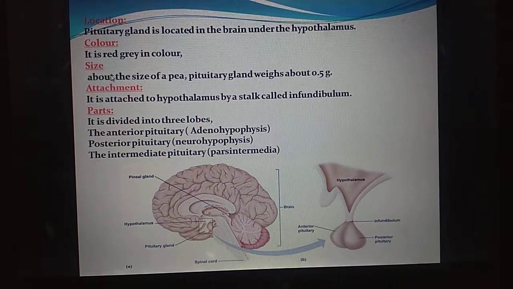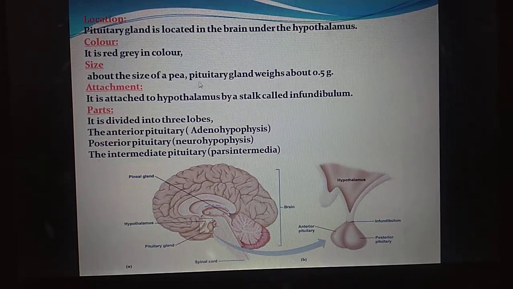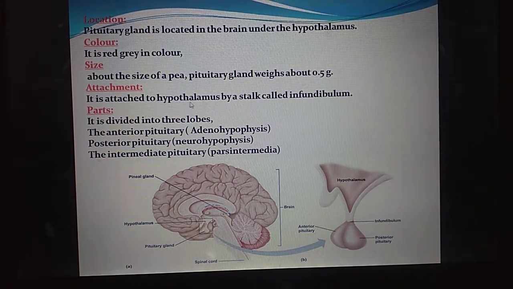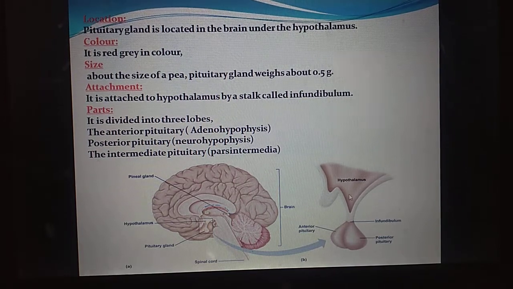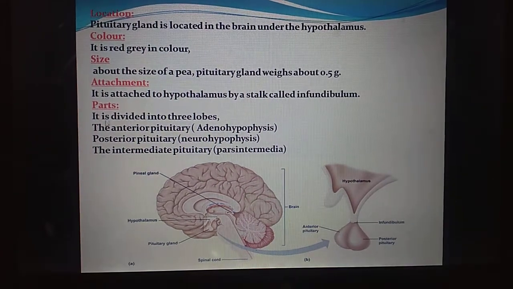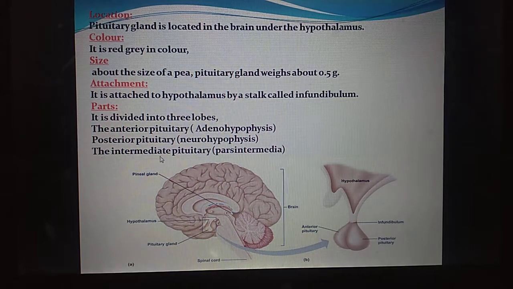It is reddish-gray in color. About the size of a pea, its weight is about 0.5 gram. It is attached to the hypothalamus by a stalk called the infundibulum. You can see this infundibulum, which is a stalk. Besides this, it is divided into three lobes: the anterior, posterior, and median.